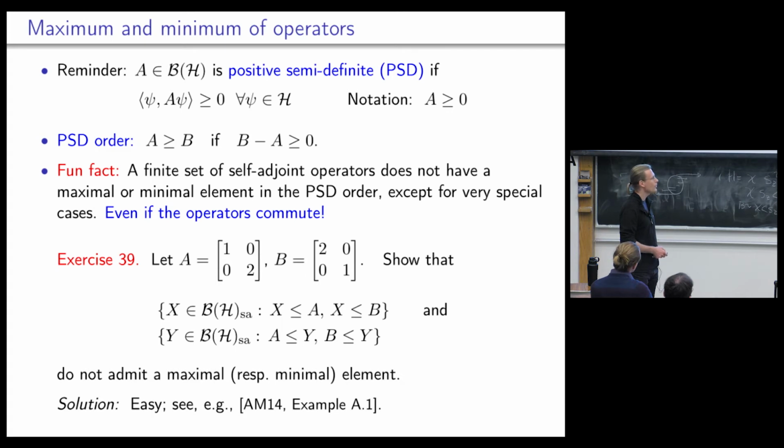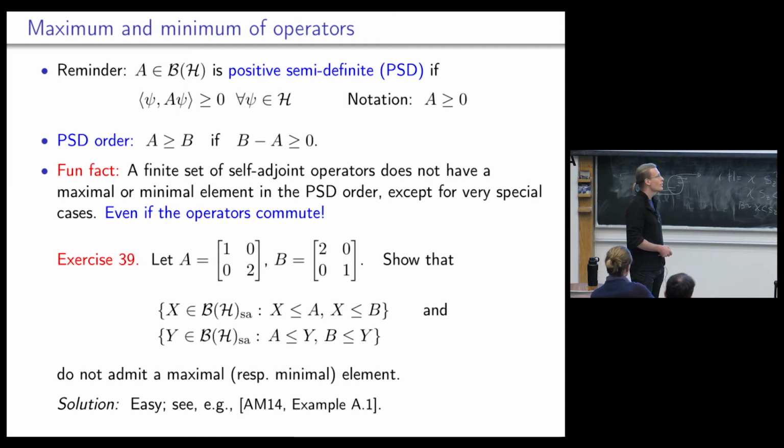And you can easily verify that this set does not have a maximal element, so there is no minimum of the operators, and this set does not have a minimal element, so there is no maximum of these operators. And the resolution of this apparent contradiction is that you define the set of lower bounds for all possible self-adjoint operators, and not only for operators which are diagonal in the same basis. And likewise for the set of upper bounds.